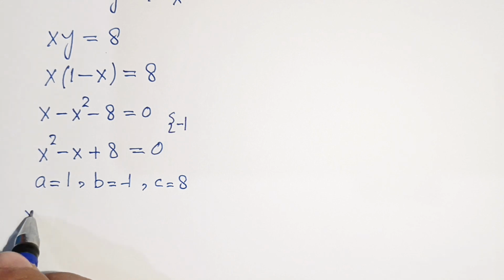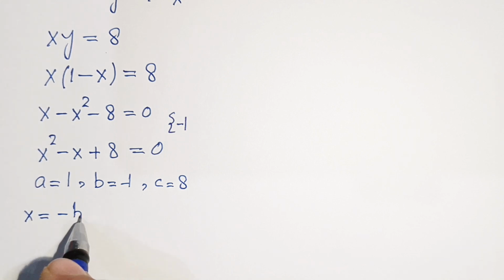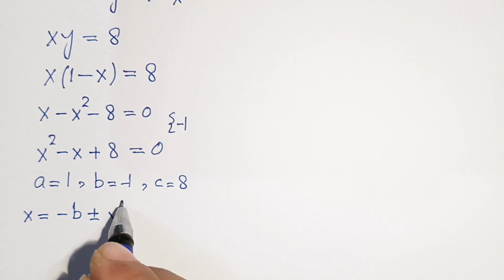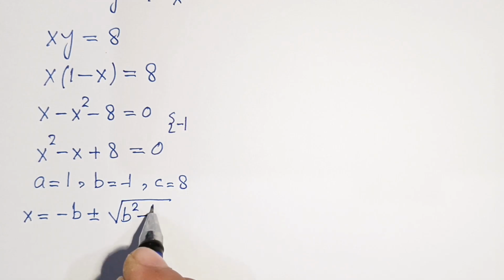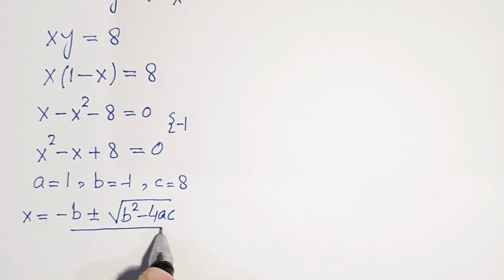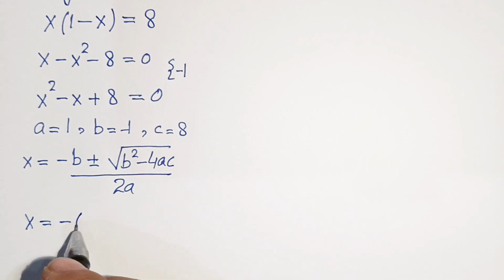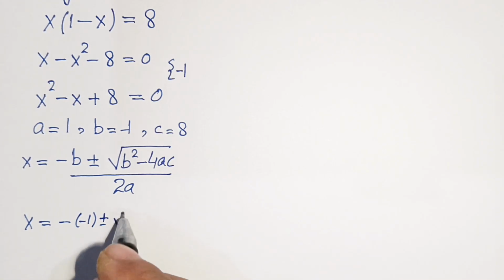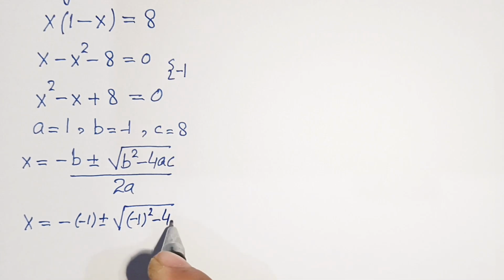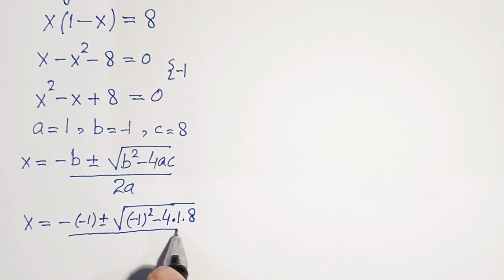So using the quadratic formula, x is equal to minus b plus minus square root of b squared minus 4 times a times c all over 2 times a. So x is equal to minus times minus 1 plus minus square root of b squared, which is minus 1 whole squared, minus 4 times a times c, which is 8, all over 2 times a, which is 1.